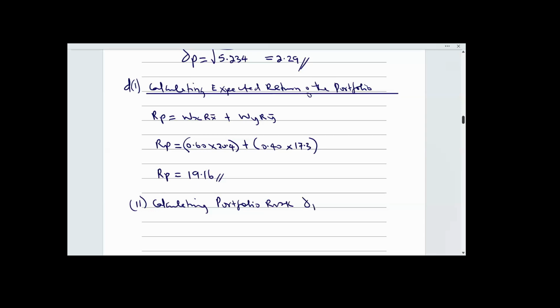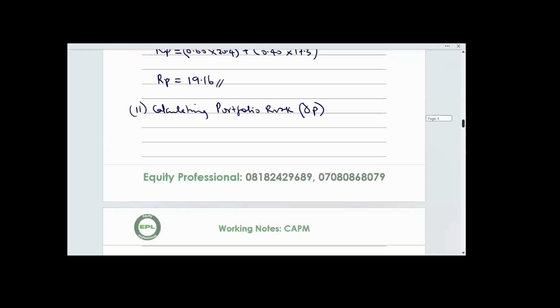All right, so the examiner says you should use the general formula to calculate the portfolio risk.